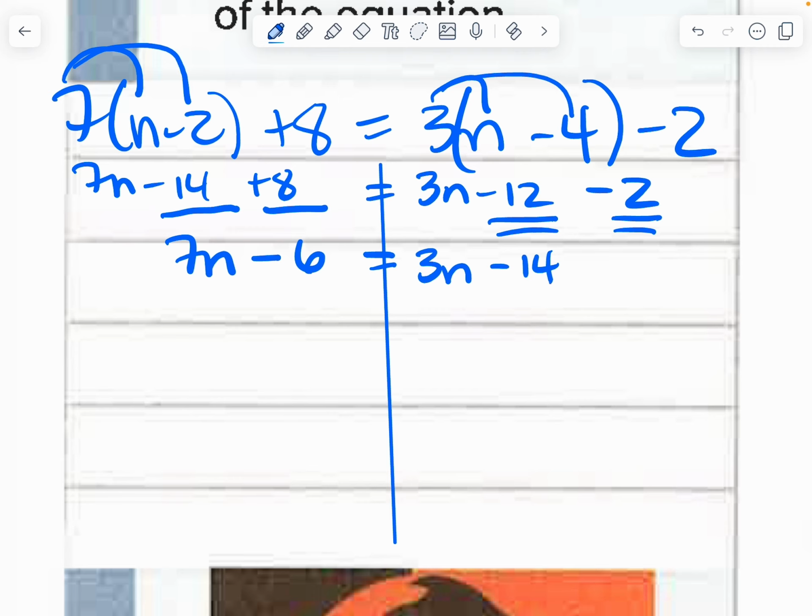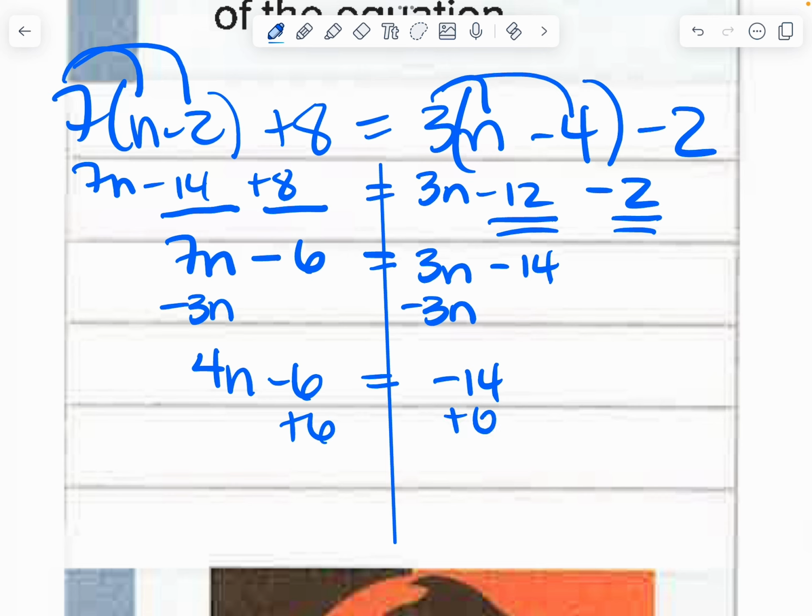Then I'm going to move the n's to the same side. I'm going to subtract 3n from both sides and get 4n minus 6 equals negative 14. I'm going to add 6 to both sides, and I'm going to get 4n equals negative 8. Divide by 4 and get n equals negative 2.